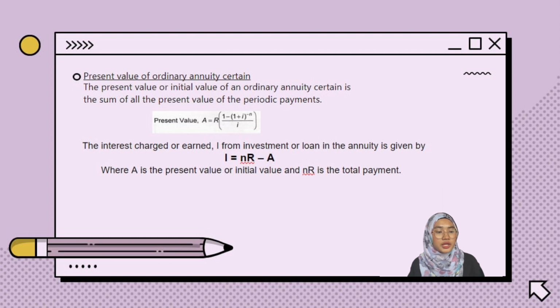The interest charged or earned, I, from an investment or loan in the annuity is given by I equals nR minus A, where A is the present value or initial value and nR is the total payment.